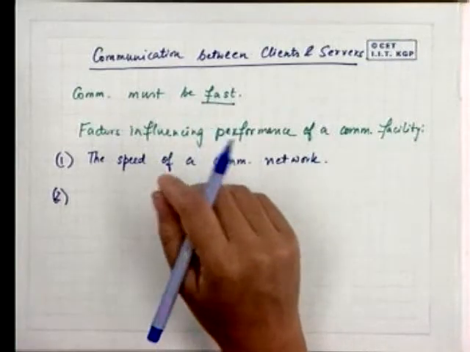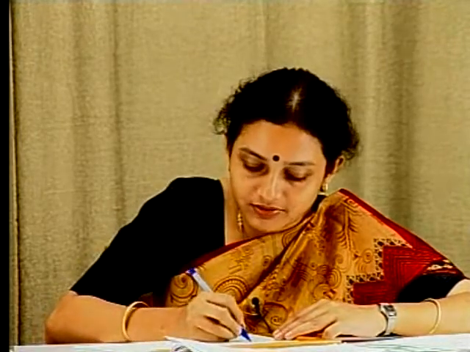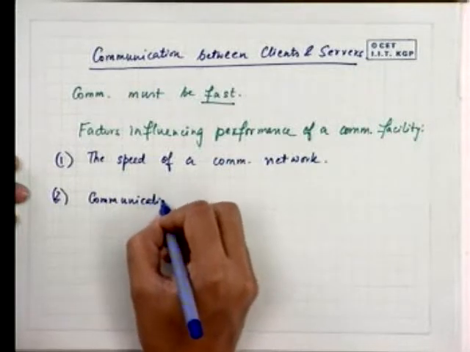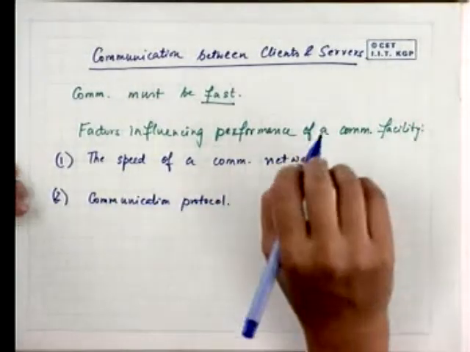Secondly, other than the speed, there are some other factors which influence this. The communication protocol is one of the factors. There are connection-oriented protocols like the OSI or TCP, which require a lot of overhead, which might slow down the communication speed.